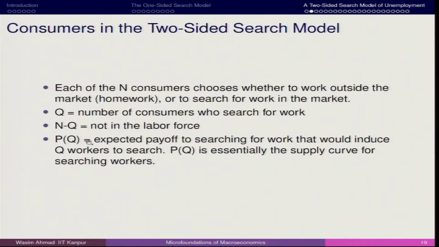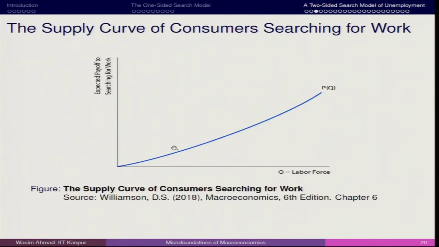So, PQ is the expected payoff to searching for work that would induce Q workers to search, which means that if Q workers are going to search for the job, the associated payoff is PQ, and PQ also is the supply curve. So, it will also have an upward slope.